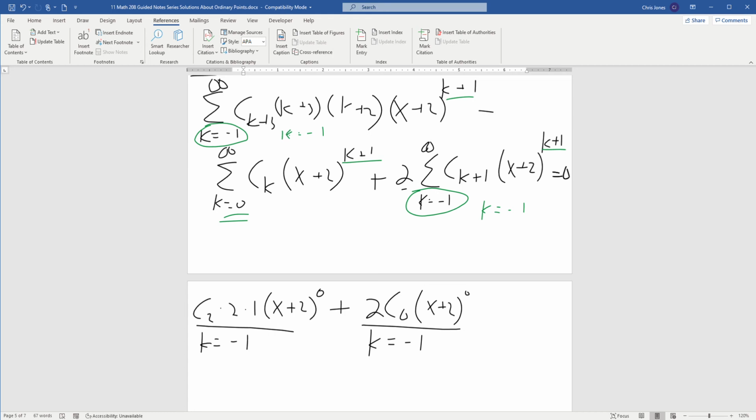Now, we're going to rewrite all the series one last time before factoring, but now all of the lower bounds of the index are going to be 0.